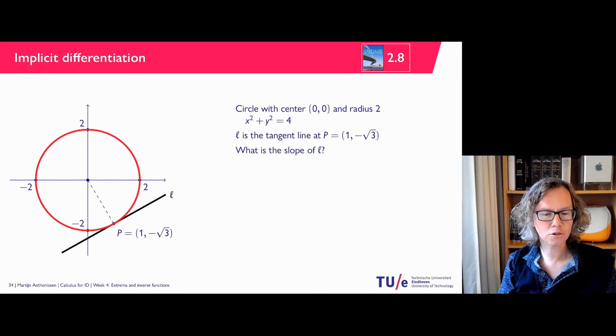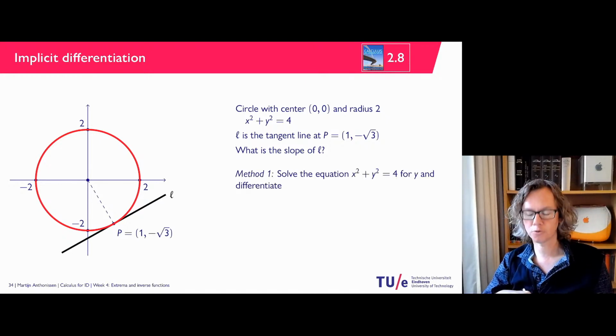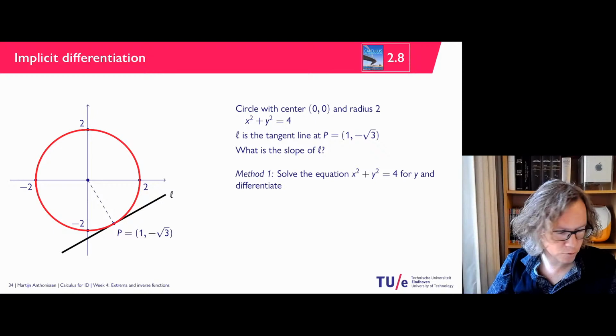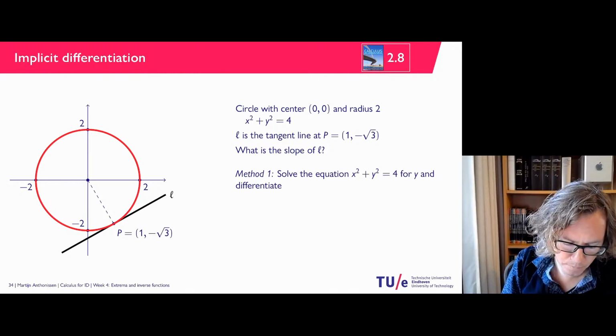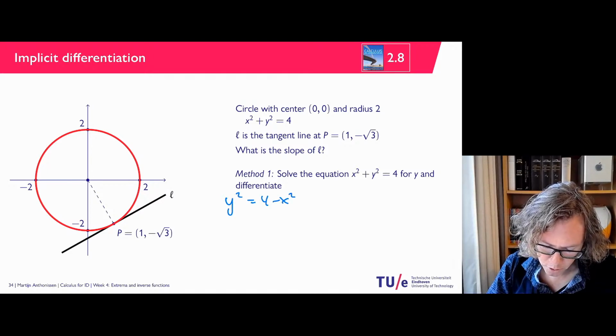Now there are 2 ways you can do this. The first way is something that you already know how to do, which is solve the equation x squared plus y squared equals 4 for y and differentiate. Did I put that on the slide here? No, I did not put it on the slide. So let's see how that works. We have y squared equals 4 minus x squared. y itself is plus or minus the square root of 4 minus x squared.